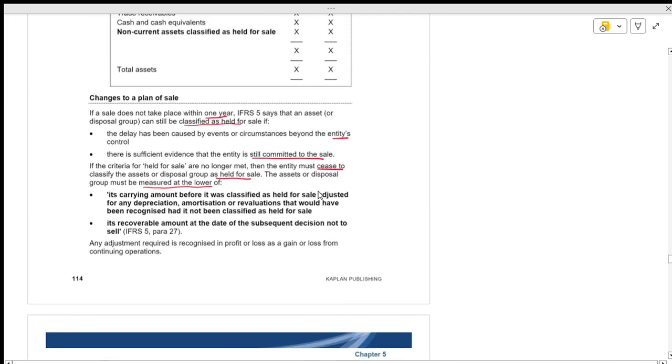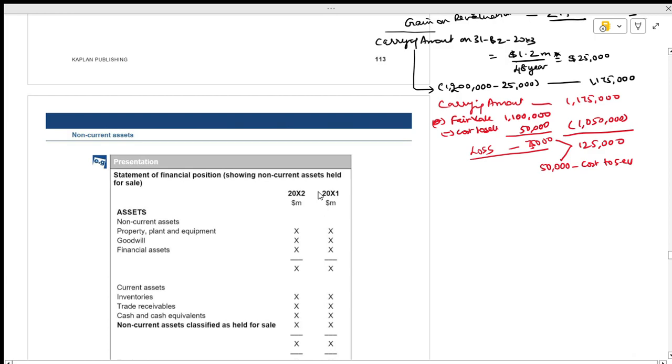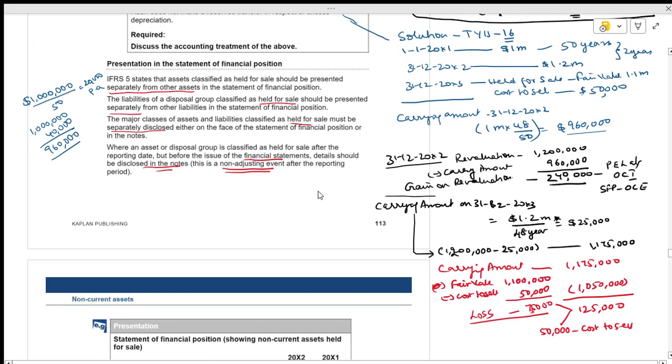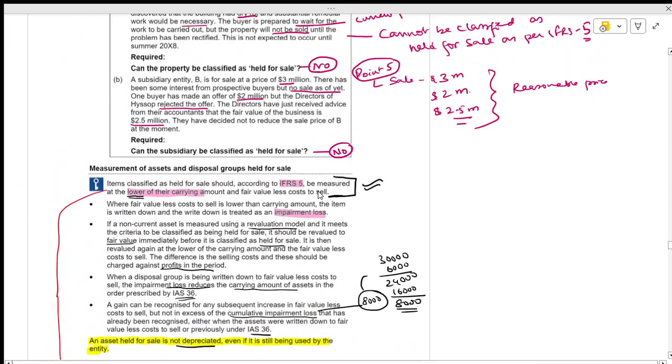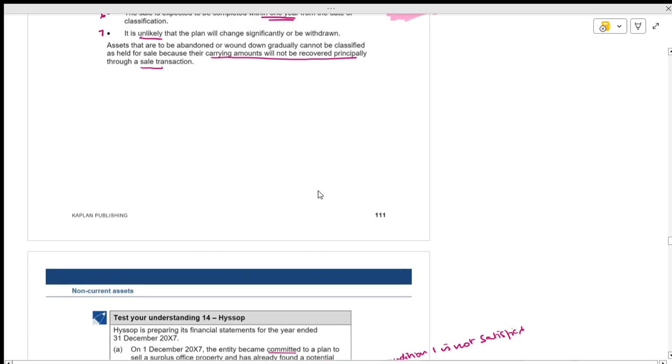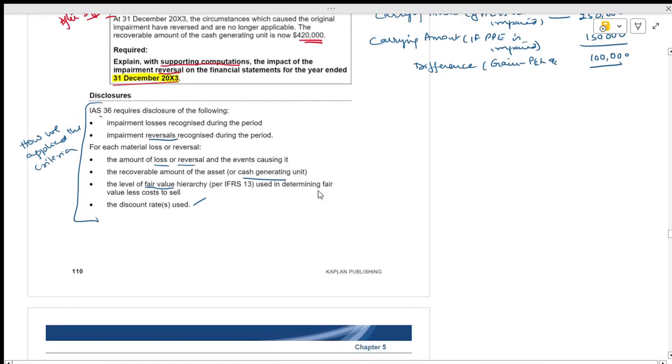Fine. This is the complete Chapter 5, non-current assets. Be very clear on this. Make it a point to revise this, because we have done so many: IAS 16, IAS 20, IAS 23, IAS 36, IAS 38, IFRS 5.